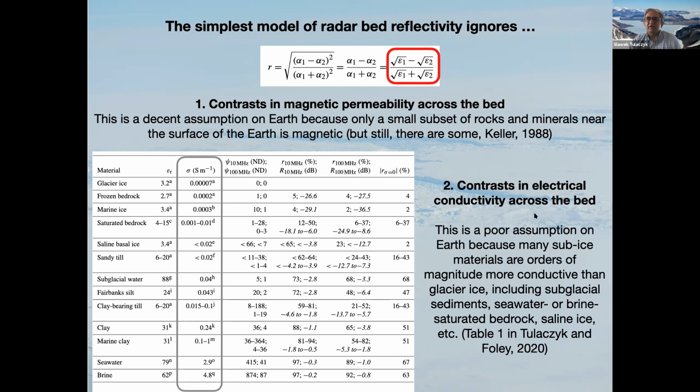So it has a very, very small electrical conductivity, whereas many materials on Earth, including sediments, especially sediments that contain clay, or sediments that are saturated with brackish or seawater or briny water, or even bedrock with low porosity that will be saturated with briny water or seawater, are tremendously conductive.